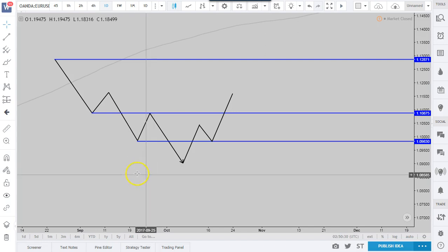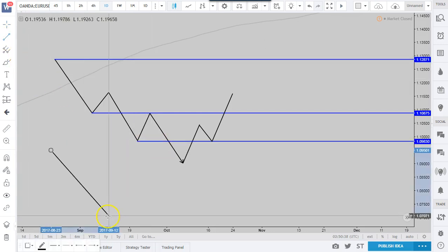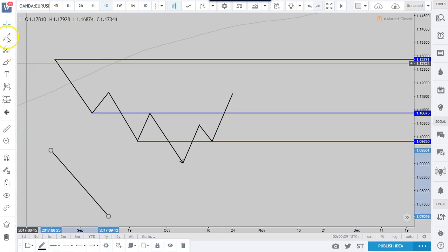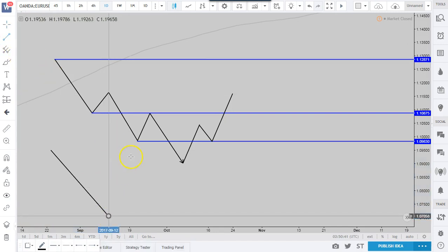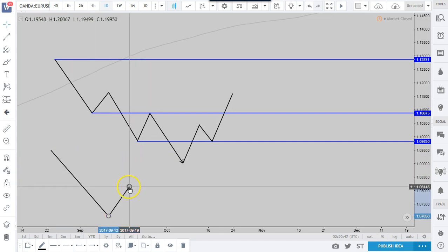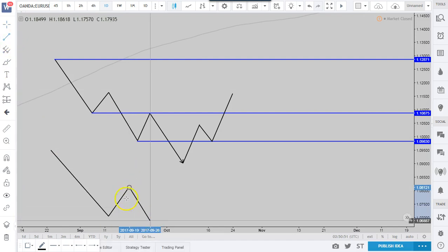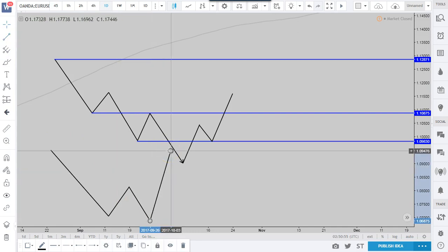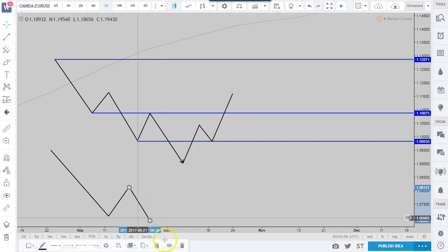Not all the time, but most of the time we see head and shoulder, or we see large double tops and double bottoms, the larger ones, not the smaller ones, when the market is at the peak high or peak low. We normally see things like that in the market.